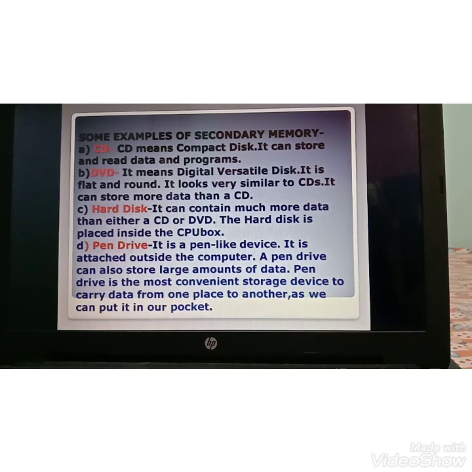Just remember, it is also known as a solid state storage device. So CD and DVD are optical storage devices, hard disk is a magnetic storage device, and pen drive is a solid state storage device. These are the examples of secondary memory.